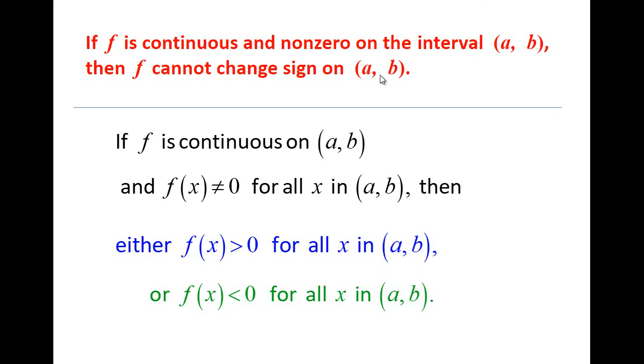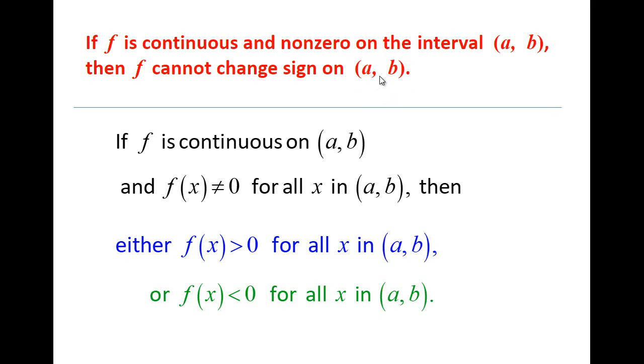Now, why is that the case? Well, if f has both a positive and a negative value in this interval, then part of the graph of f would be above the x-axis, and part of the graph of f would be below the x-axis, right? Since it has both positive and negative values. But because f is continuous, the graph must cross the x-axis as it goes from positive to negative or negative to positive values.